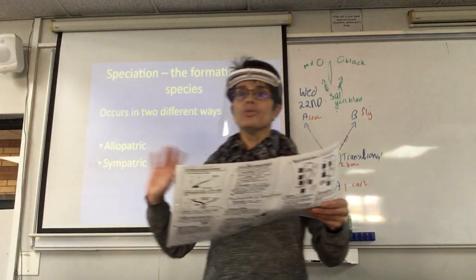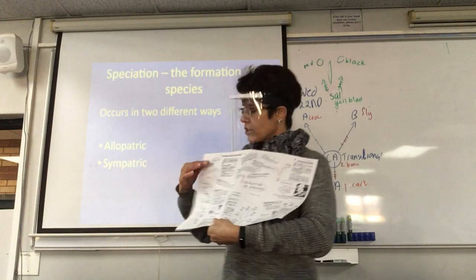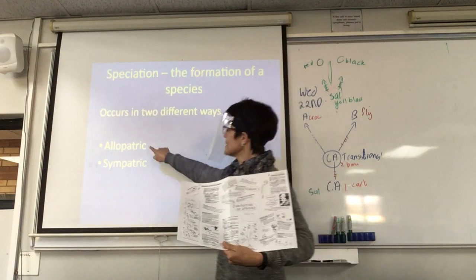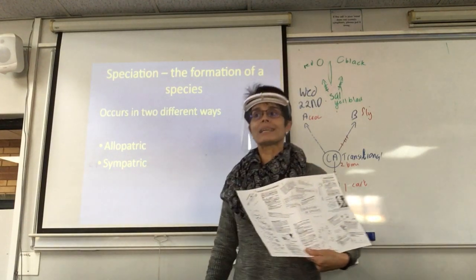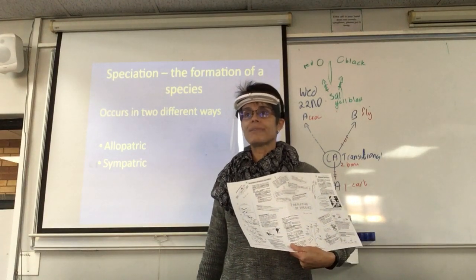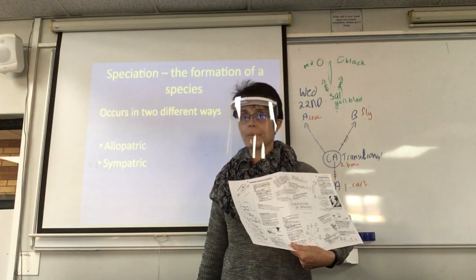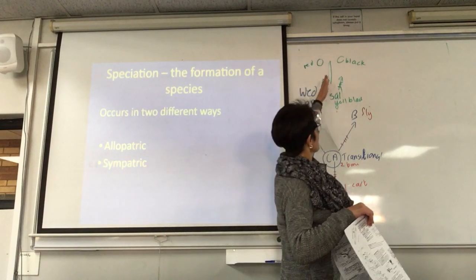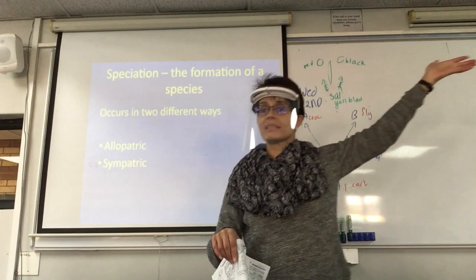And then you get these two types. So on the left I've got here geographical isolation, which is allopatric. Think of atlas or geographical, AL. That's how I remember it. So geographical isolation, if they're separated by a mountain or separated by what else?